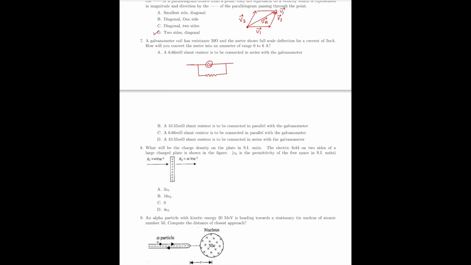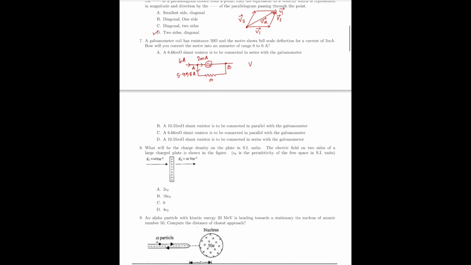So we can afford only 2 milliampere current through this galvanometer. If I want to measure a 6 ampere current, then only 2 milliampere current will go through the galvanometer. The rest, 5.998 ampere current, must go through the shunt.